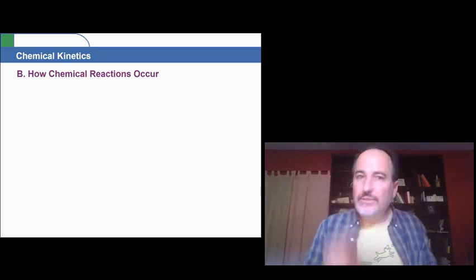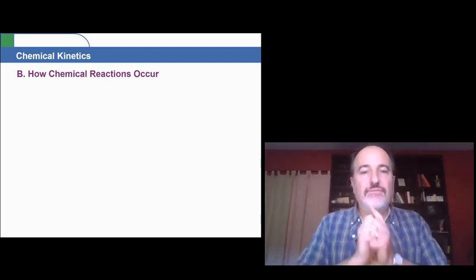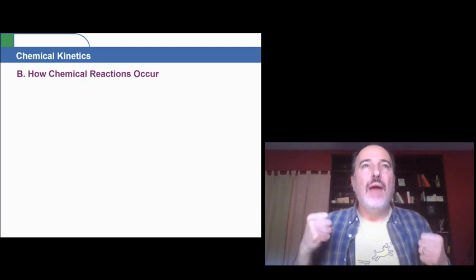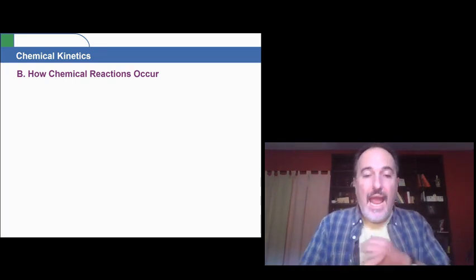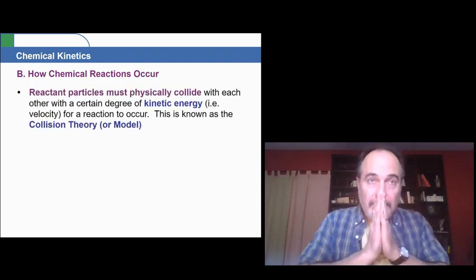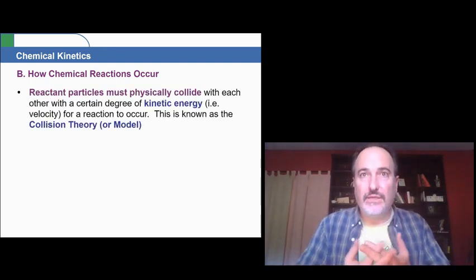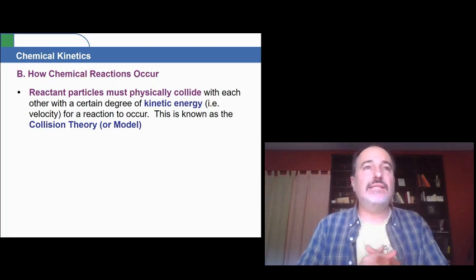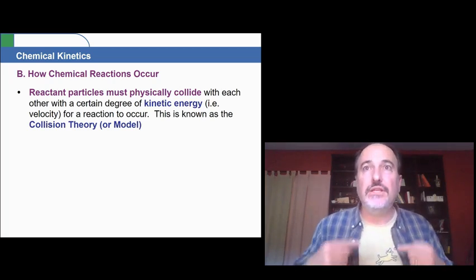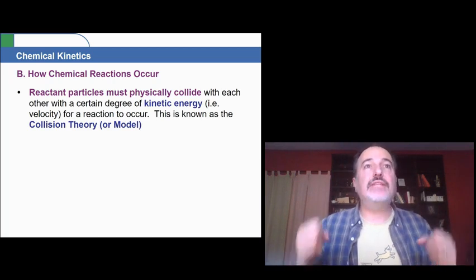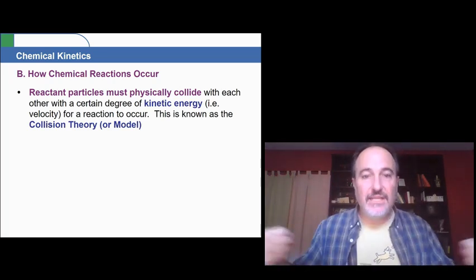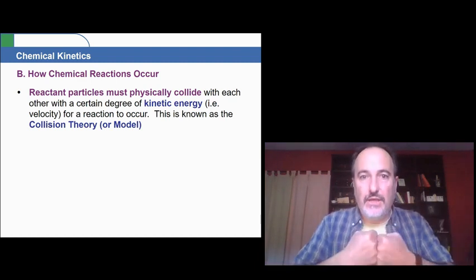Now, to understand all of that, it's very important to understand what actually goes on when a chemical reaction occurs. And there is something that helps explain what's going on, and it is known as the collision theory or the collision model. And it basically says that reactant particles must physically collide with each other.